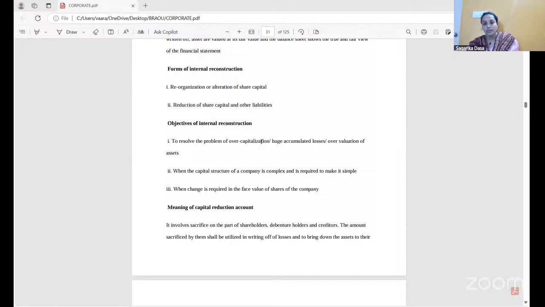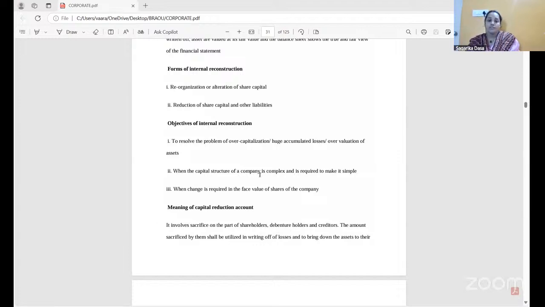Sometimes it so happens that the capital may be overly accumulated in the organization, or you have huge accumulated losses or overvaluation of the assets. If we are showing anything more than the value, then we have to go with internal reconstruction, because internal reconstruction will help us in solving the problems of overcapitalization or overvaluation of the assets.